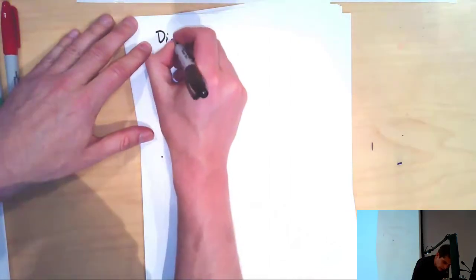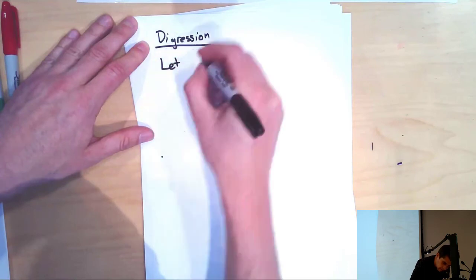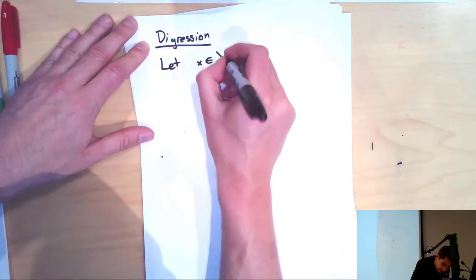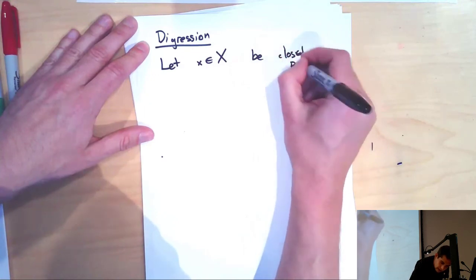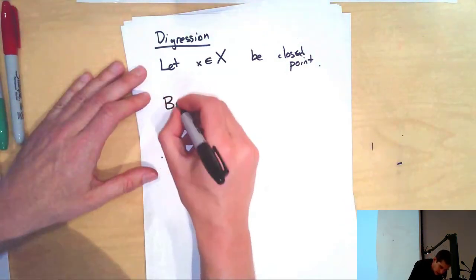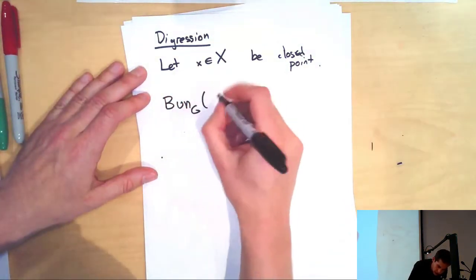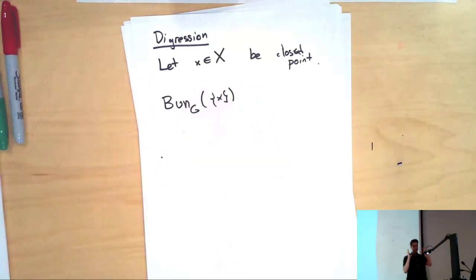So actually, let me say a little more about these Euler factors that appear in the right-hand side. Let me go on a little digression. Let x be a closed point of my curve capital X. Then I can look not just at G-bundles on my entire curve, I can also look at G-bundles that are defined just at that one point of the curve.